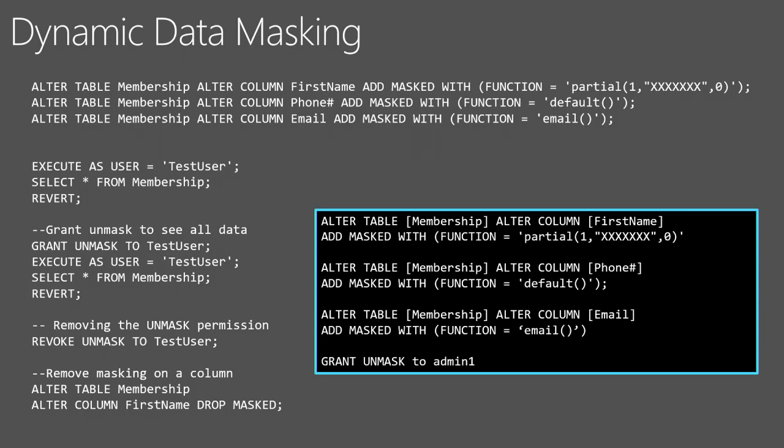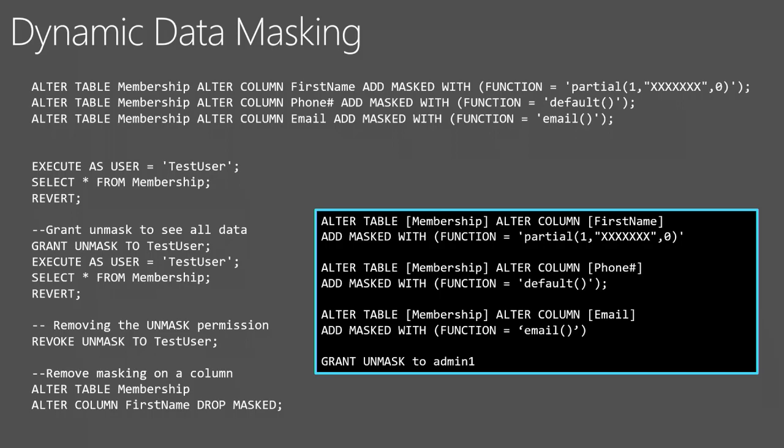So being able to work through it, we've got a partial match mask there. So saying that we'll just pull out one character at the start, replace everything else with X's, and in this case, 0 trailing characters pulled out. So you'll only see one character. A default, which looks at your data type and applies a default mask for you. So there's a couple of things there. One of those is random.